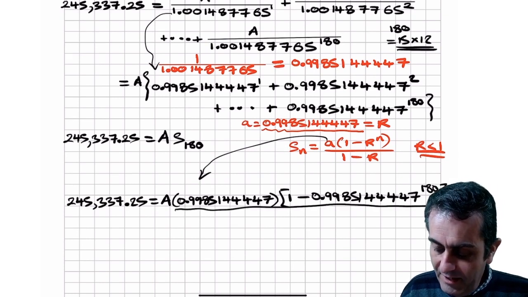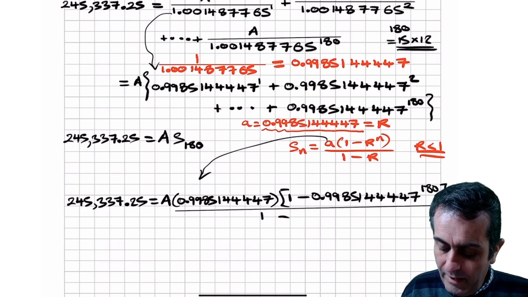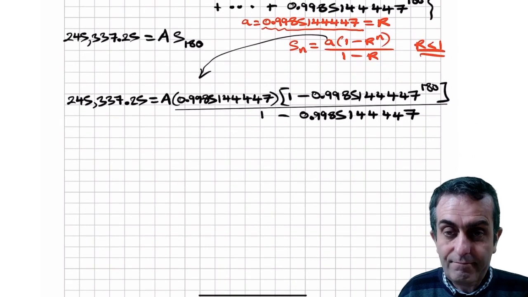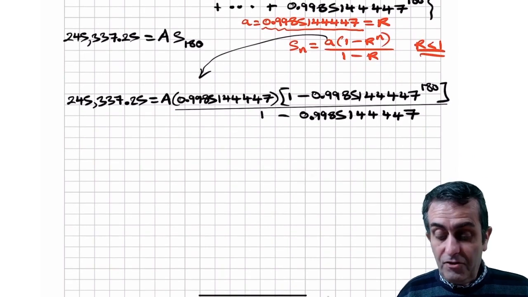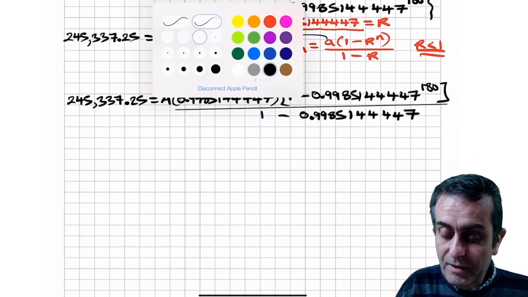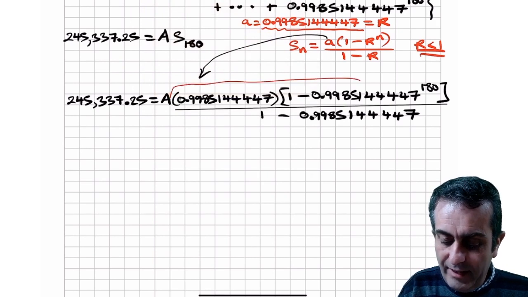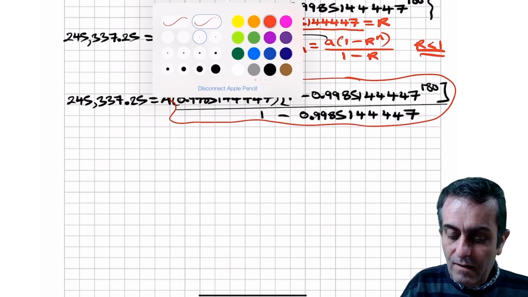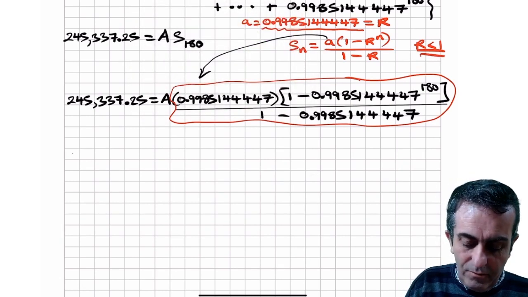And then that's all to be divided by 1 minus 0.998514447. At this point, it's just calculator work again. So we simply grab our calculators and we work out what everything inside this red curve is.